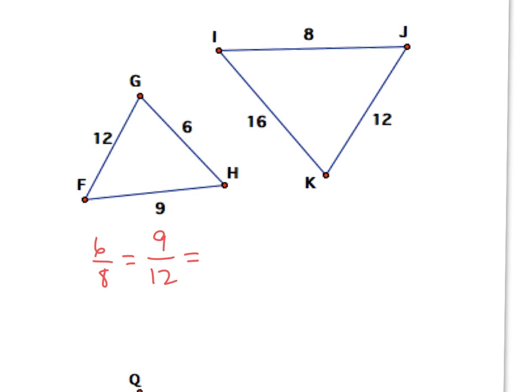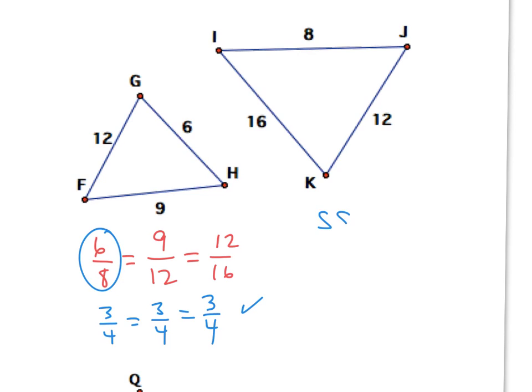And is that equal to the big number 12 and the big number 16? So is 6/8 equal to 9/12 equal to 12/16? Simplify. What's 6/8 simplify down to? 3/4. Does 9/12 also simplify down to 3/4? Does 12/16 also simplify down to 3/4? So therefore, check, it is similar by side, side, side similarity.